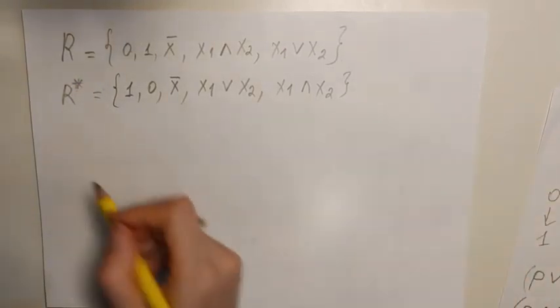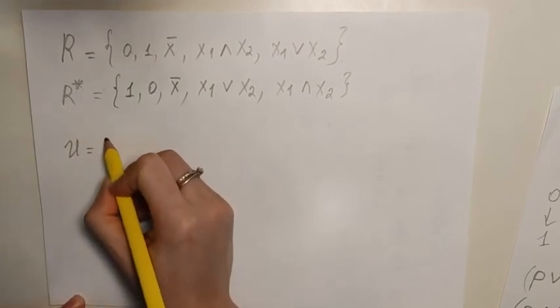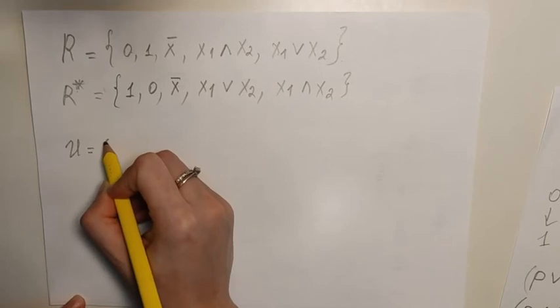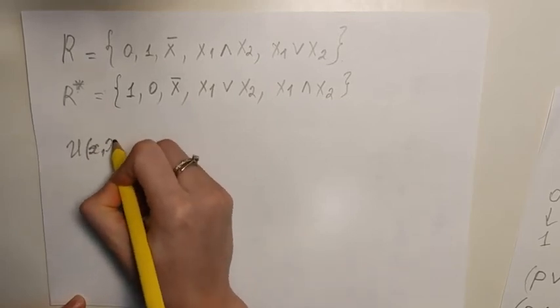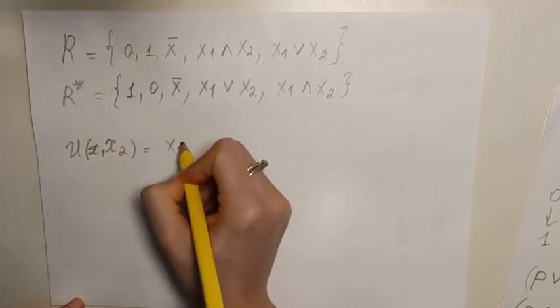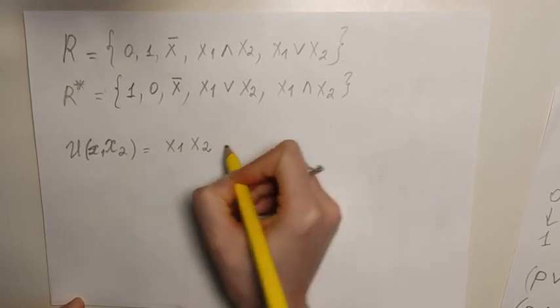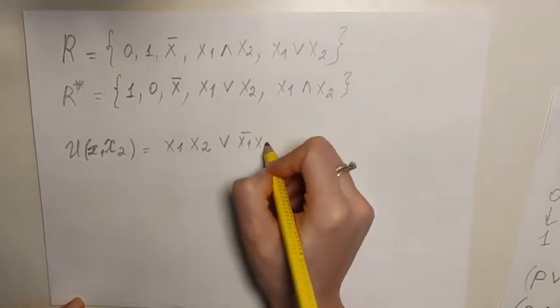Next example, let U be, let me denote it like that. Let U of x1, x2 be x1, x2, x1 negation, x2 negation.